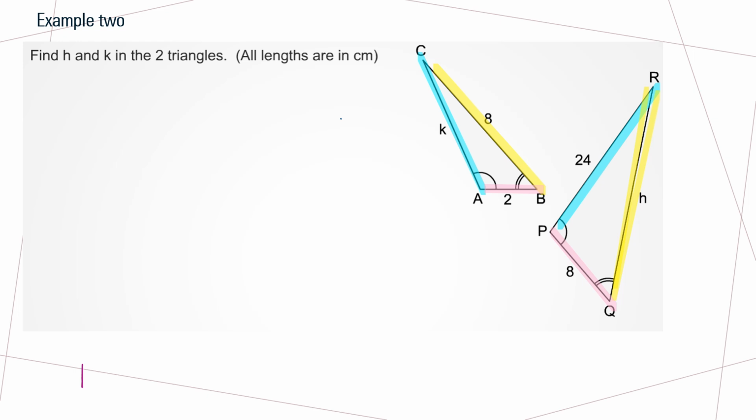If you have a highlighter, it's very useful when you are doing similar triangles and congruent triangles. A few highlighters are very useful.